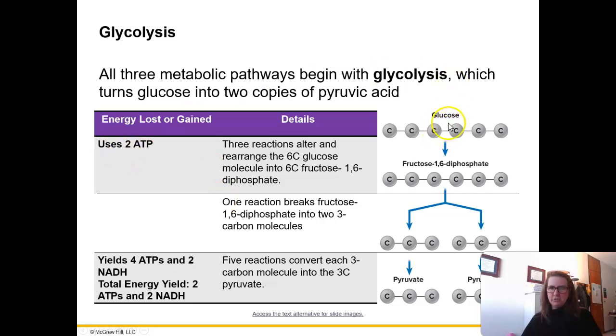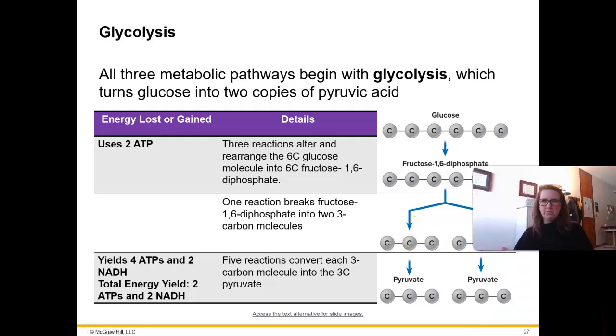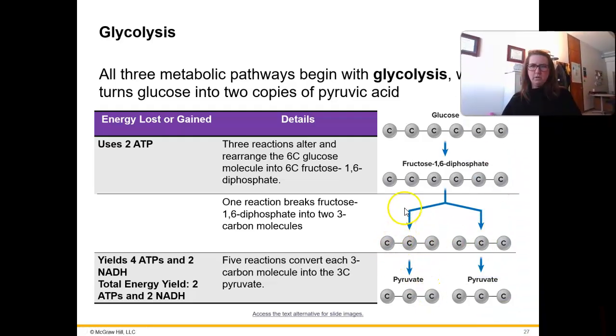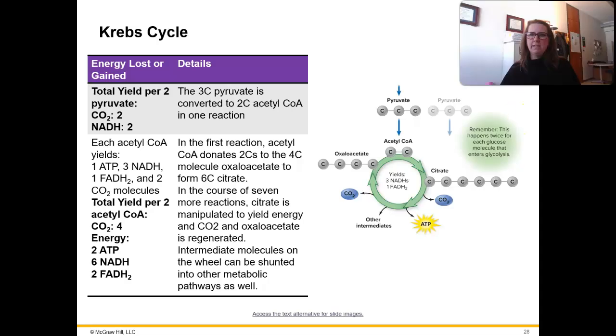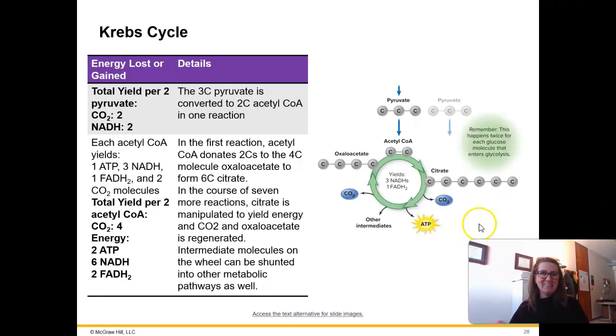Just would like you to see here's glucose, and we are going to break it down into 3 carbon compounds. It happens to be called pyruvate. Okay, glycolysis literally means breaking down of glucose or splitting of glucose. All right, cycle. Here is our cyclic type of metabolic pathway.